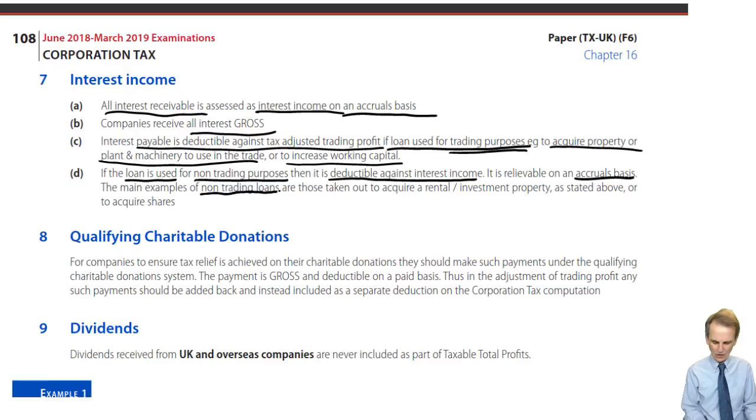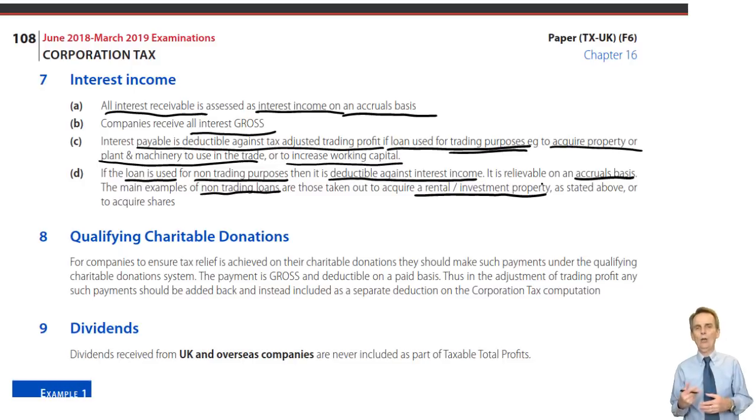What were our main examples of non-trading loans? One of those we have seen so far. We borrowed to buy a rental, a property investment, there. The other possibility, relevant of course if you're dealing with a group of companies and the parent company in particular: a parent company might have grown acquisitively rather than organically. What it's done is to go out and buy the shares in another separate third-party company.